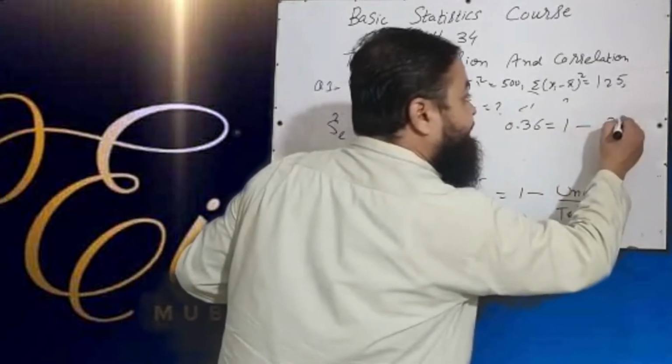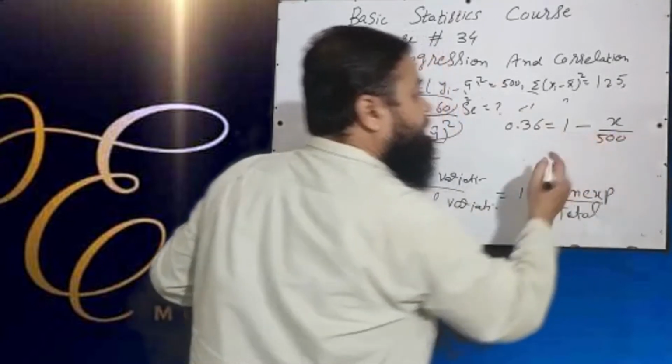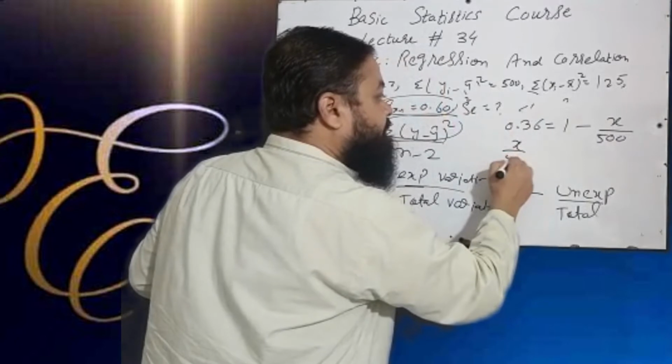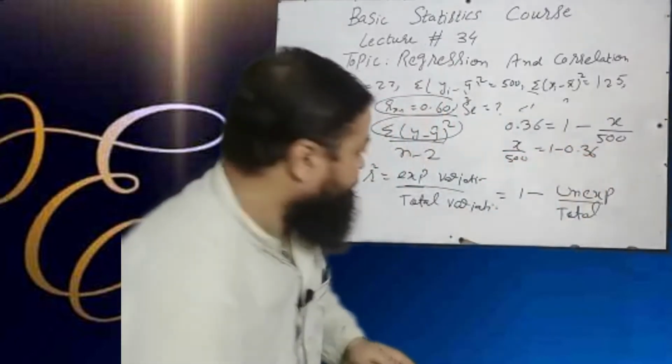For example, call it x, over total variation, which is 500. Just substitute, and now on the left side, x over 500 is equal to 1 minus 0.36.